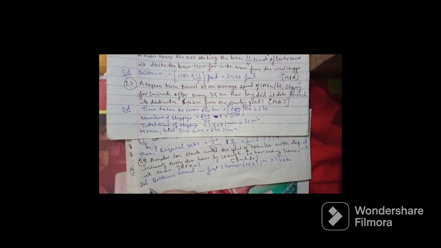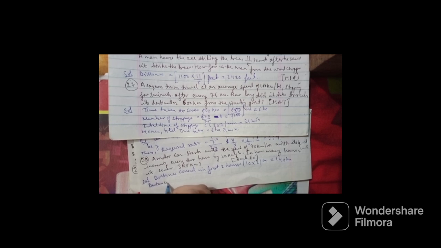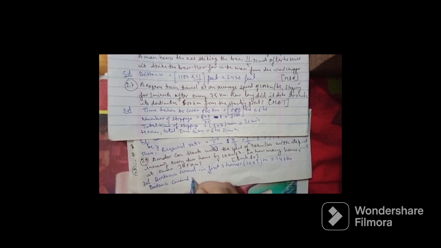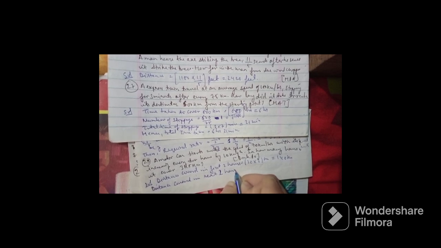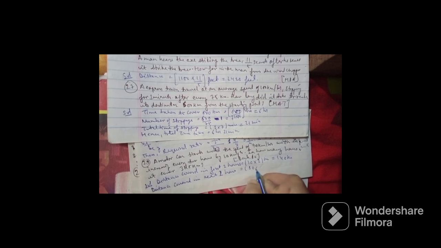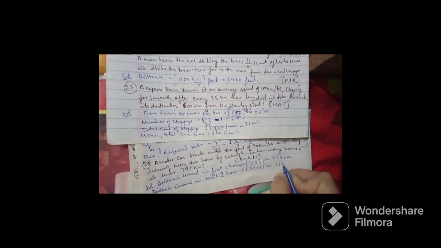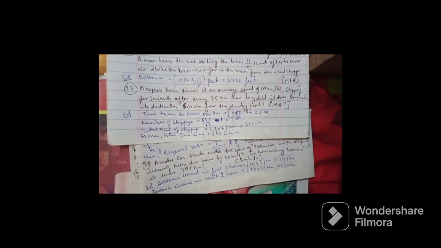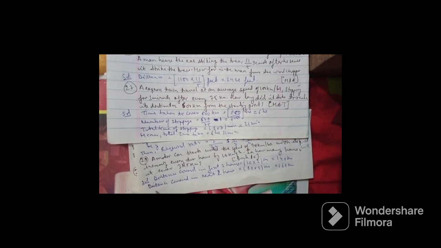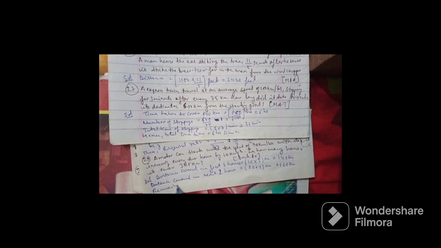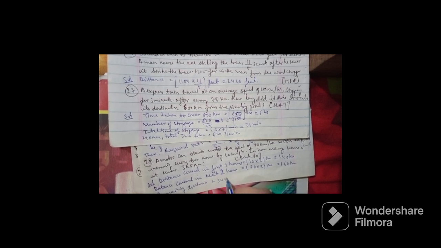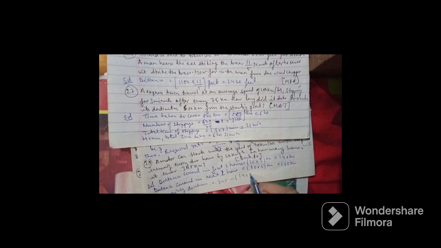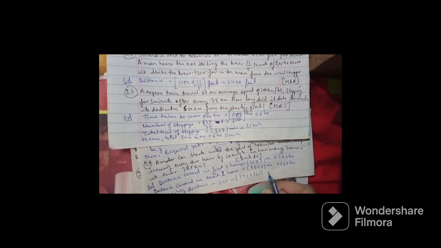Distance covered in next 2 hours equals 80 into 2 kilometers, which equals 160 kilometers. Remaining distance equals 345 minus (140 plus 160), which equals 45 kilometers.